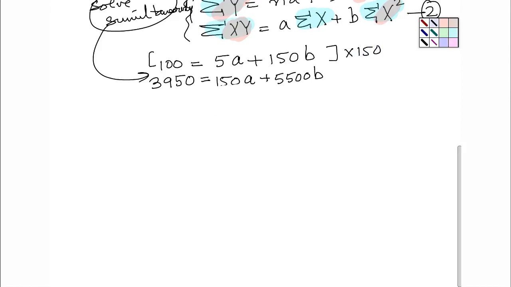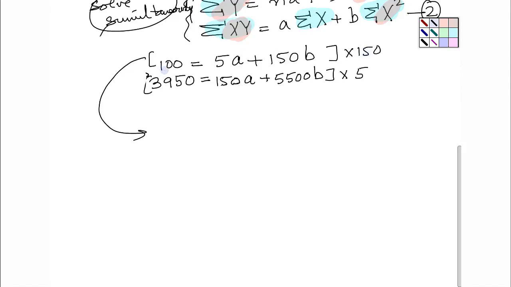And then I'll multiply the second equation by coefficient of A in first equation, that is 5. So I'll multiply the second equation by 5. Now what this does is it will change the shape of these equations.